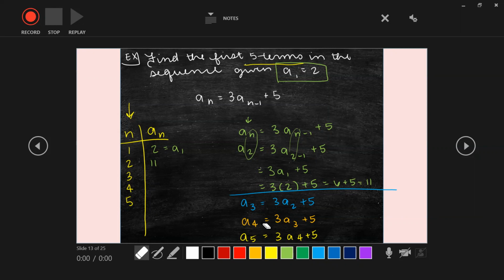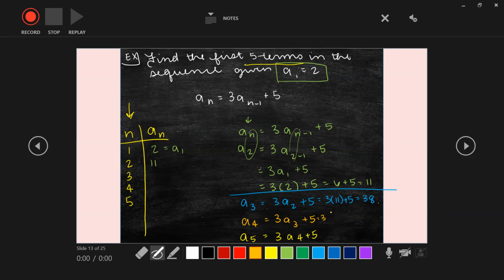So Ethan, what is a sub 3? 38. So we'll have 3 times 11 plus 5, 38. Elijah, what's a sub 4? You can walk me through it. We've got 3 times what? Three times a, so it's 4 minus 1.